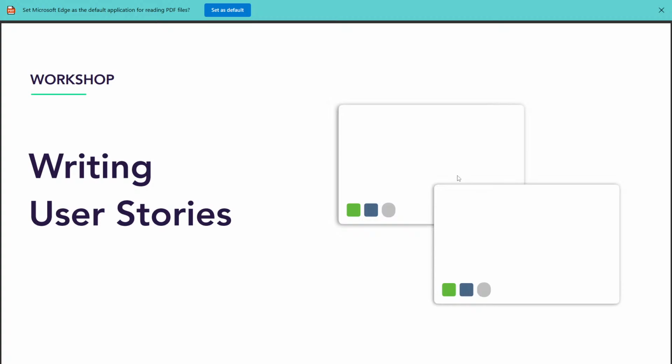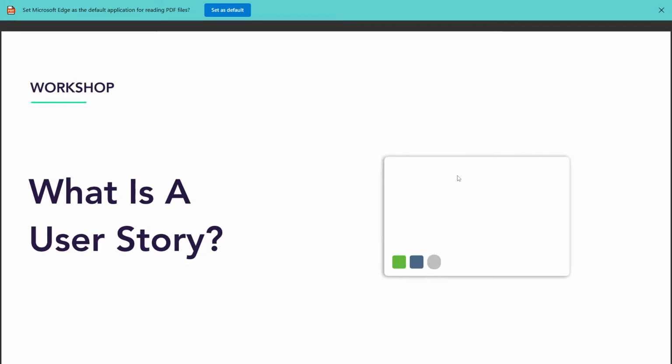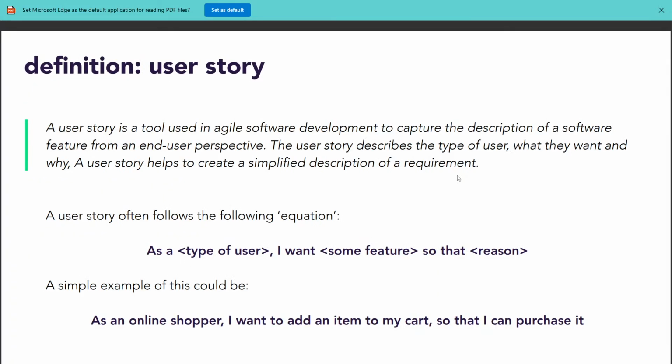So a user story is essentially a way of coming up with all of the functions and the tasks and the features that your solution needs to have to make your customers happy. So how you write them is in this format. So as this type of user, and you could use your personas for this. So you could say as Charles Dickens, as Georgie November, whatever it was, I want some feature so that I can do something.